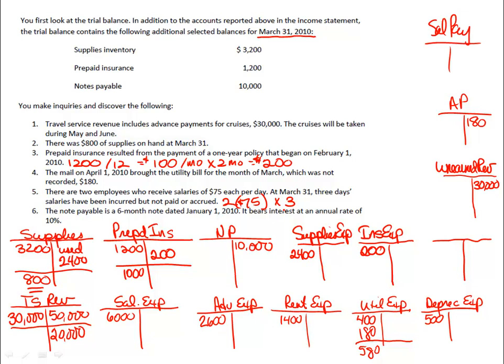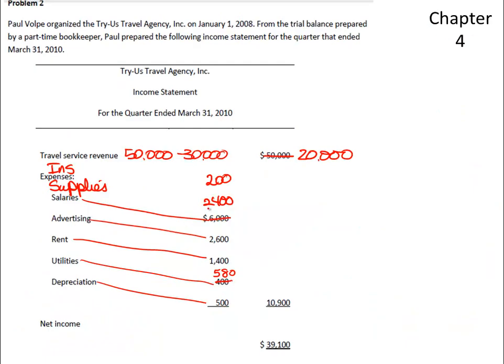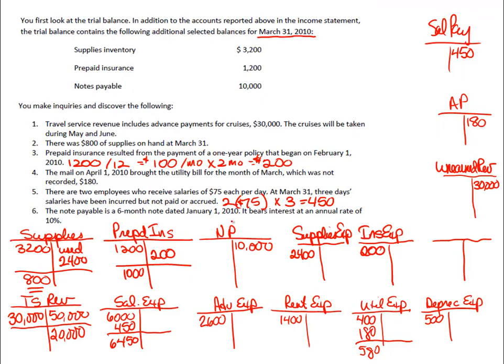So 150 times 3 means that we have salaries expense that we want to include of $450. So I would debit salaries expense $450 and credit salaries payable $450 to accrue that amount. So the salaries expense on the income statement should really be $6,450. So that was number 5.